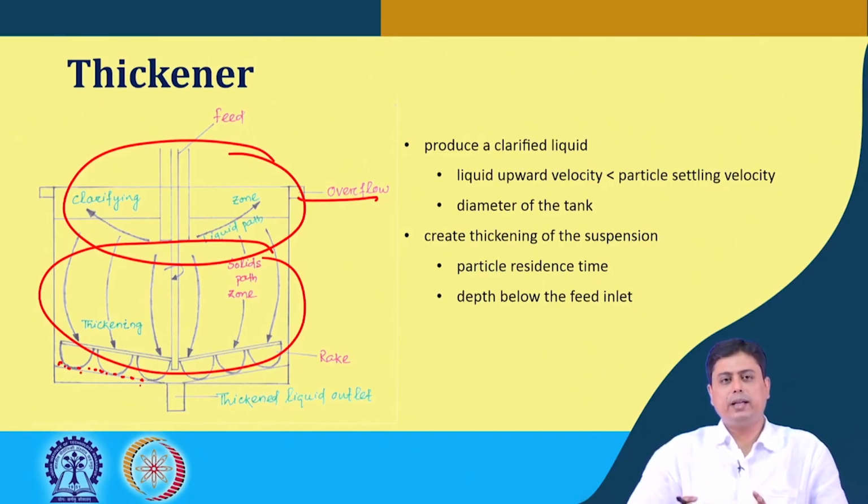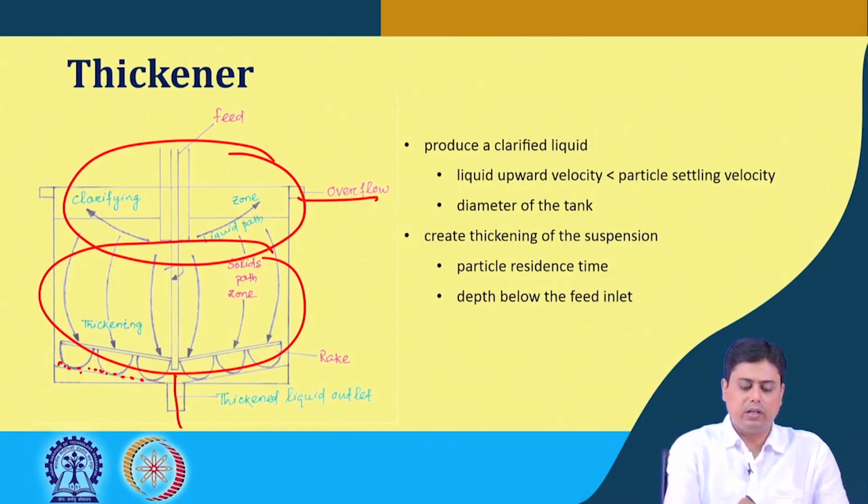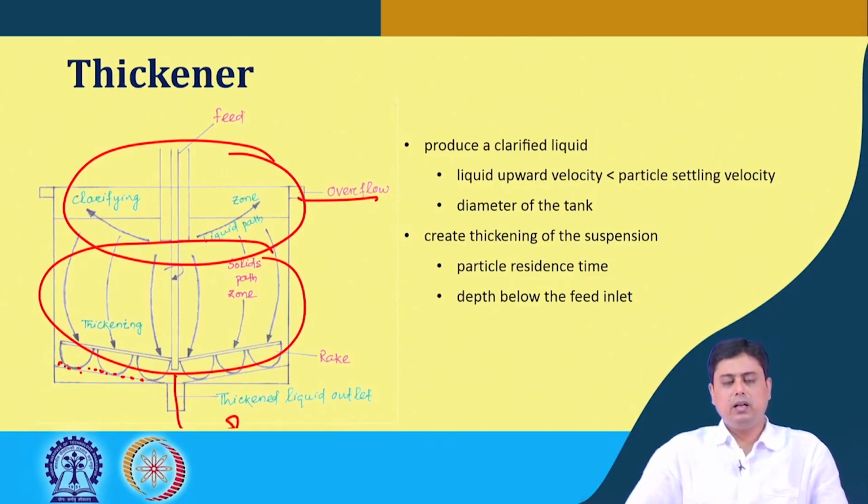It helps to collect those sedimented particles, which are taken out from the vessel at certain points of time, or regularly or continuously. The thickened liquid goes out from the bottom of the vessel as the thickened liquid outlet, which we call the underflow.